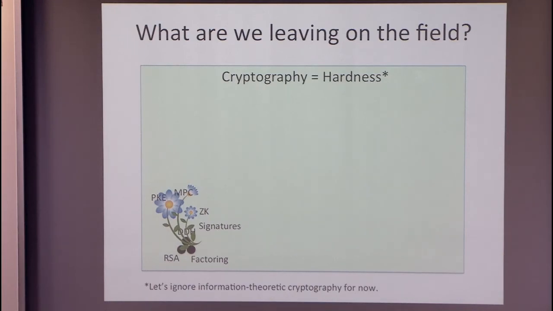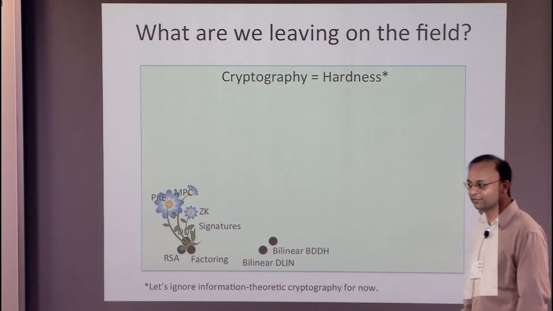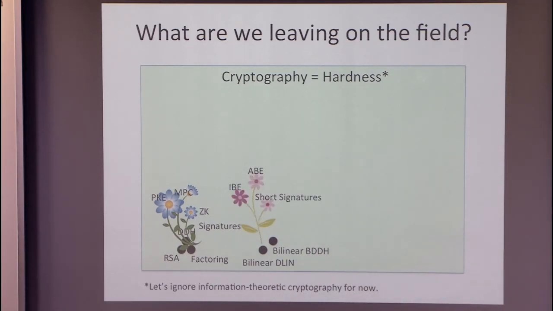But that's not what happened. In the early 2000s, these new sources of hardness came, these bilinear assumptions. And out of those grew identity-based encryption, attribute-based encryption, short signatures, beautiful, wonderful stuff. And then there was Gentry's ideal coset problem in LWE, another new source of hardness, out of which we got this amazing object of fully homomorphic encryption, and many other things.